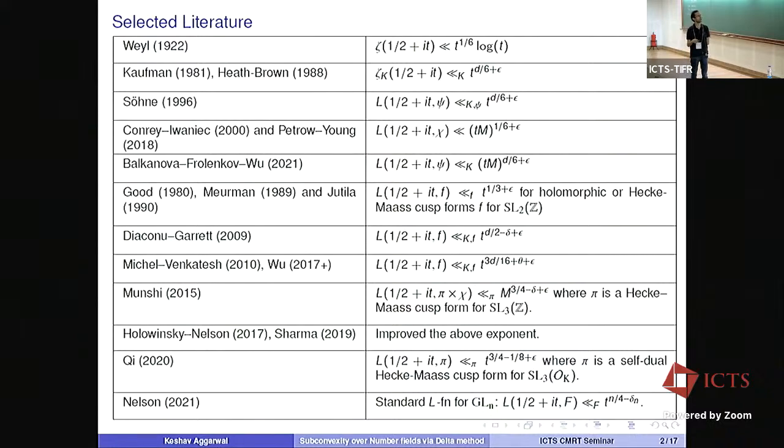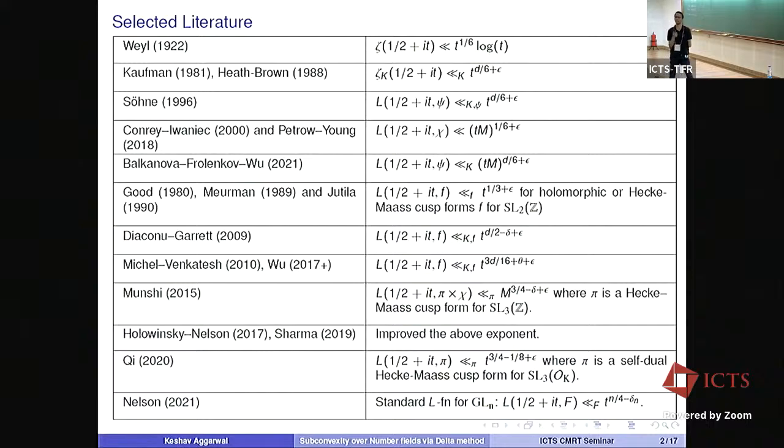Right. Okay, so this was again the story over rational numbers, but then if you go over number fields, there's a result of Zhi Qi. In 2020, he published a result, which if you see is getting a 1/8 saving over 3/4. This falls short of the Burgess type exponent. Over here, he has to take pi to be a self-dual Hecke-Maass form, and this is for SL3 over a number field.